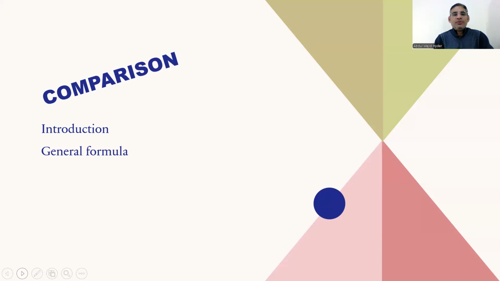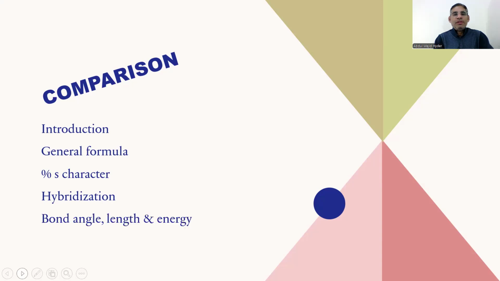In this video, we'll be discussing the introduction of these hydrocarbons, what their general formula is, what the percentage s character of carbon will be in these different hydrocarbons, and what hybridization carbon will be showing in all these compounds, what will be the bond length, bond angle, and bond energy of all these compounds.